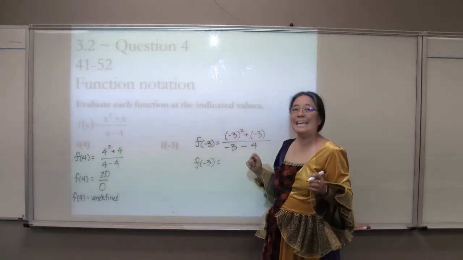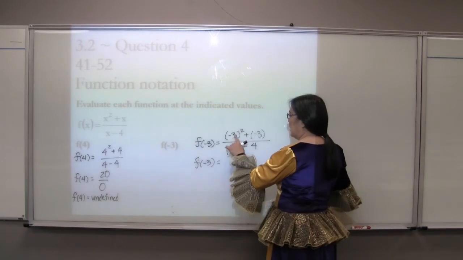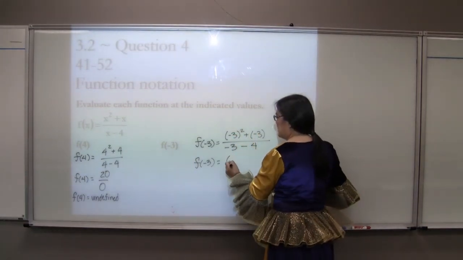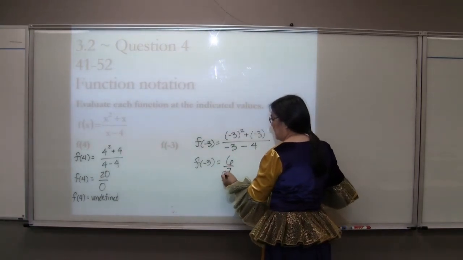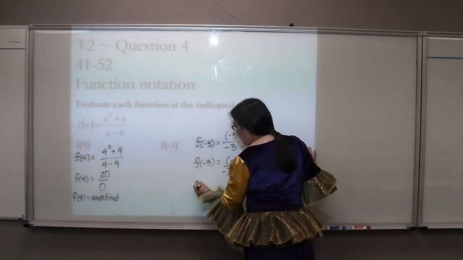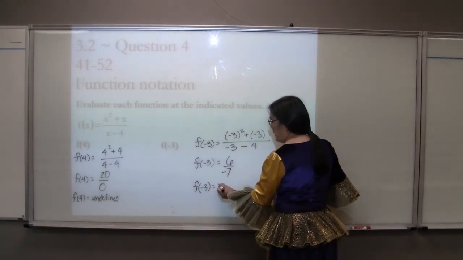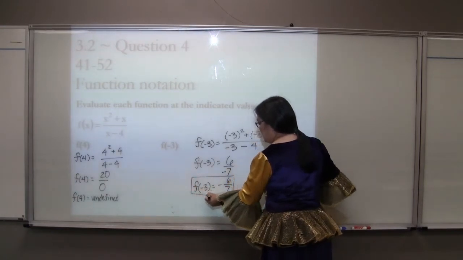I want to see, can you plug into a formula? Plug, work, and answer. 9 minus 3 is 6. -3 minus 4 is -7. So, hey, that is the answer, but we often do not have the negative in the denominator, so usually put it in the very front or on the top. And that is your answer.